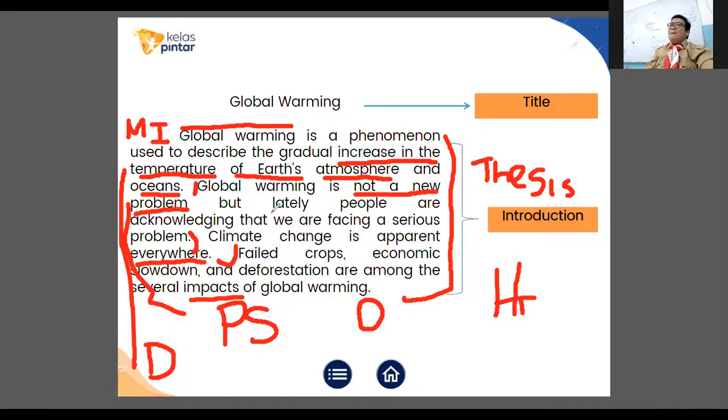Ya, maka itu ide ini perlu disupport lebih lagi. We don't know how many percent of failed crops, economic slowdown, berapa persen perubahan, kita kan nggak tahu. Dia cuma bilang ini adalah beberapa impact, ya, the several impacts of global warming.